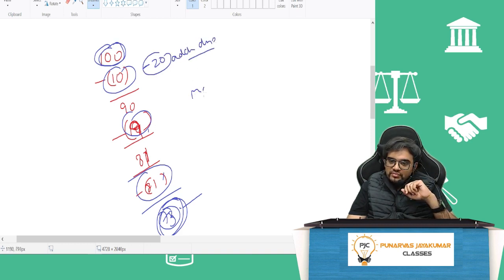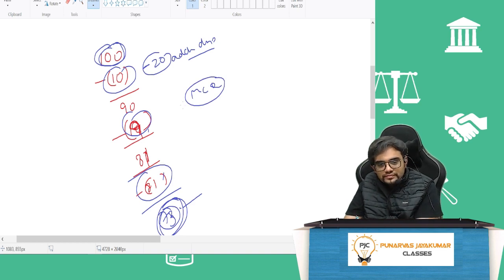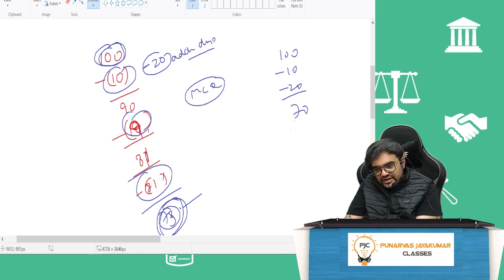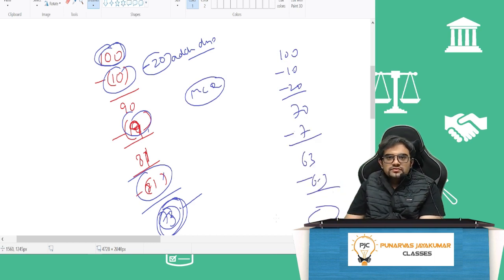This can be a very important MCQ question. So it should be 100 minus 10 minus 20, 70 minus 7, 63 minus 6.3, 56.7. That will be the answer and not 73.